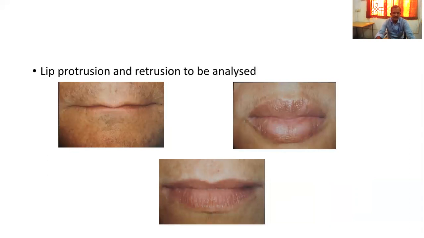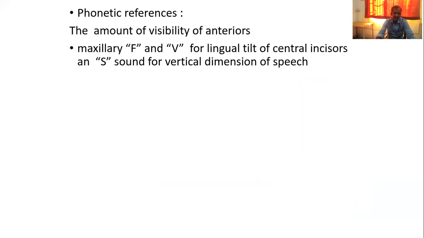When you see all these things, protrusion and intrusion are to be analyzed. These are clinical signs. Then comes the evaluation of the amount of visibility of your anteriors. Okay.